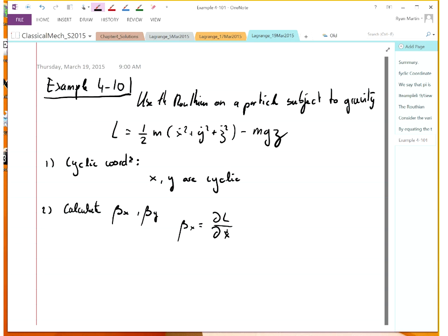That's the way to think about it. So beta x is easy to write. In fact, we already did it earlier in the lecture when we were talking about momentum. So dL by d x dot is just m x dot. Same thing, beta y, dL by d y dot, that's m y dot.